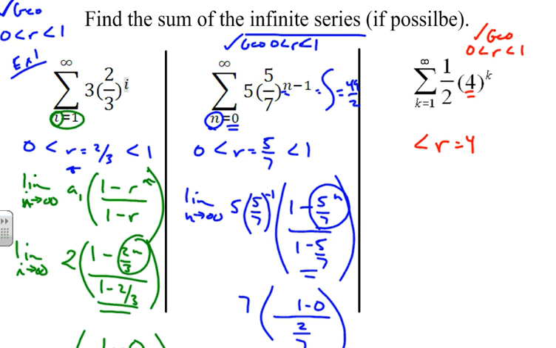It's actually greater than 1. So can we do this? Actually, no, we can't. This one diverges. We can't do it because we only can if we fit these criteria. The first two were yes. This one was no. Sad face. But that might actually make you happy, because you don't have to go through some more work.